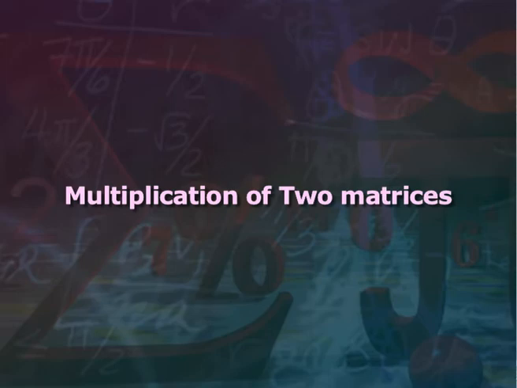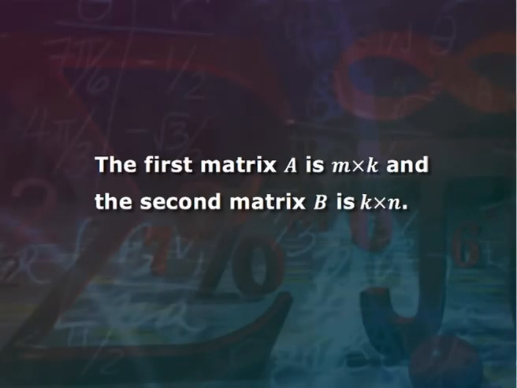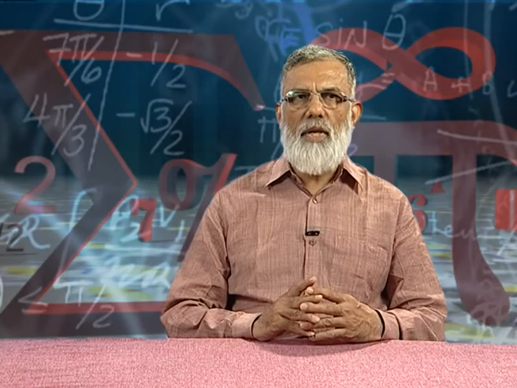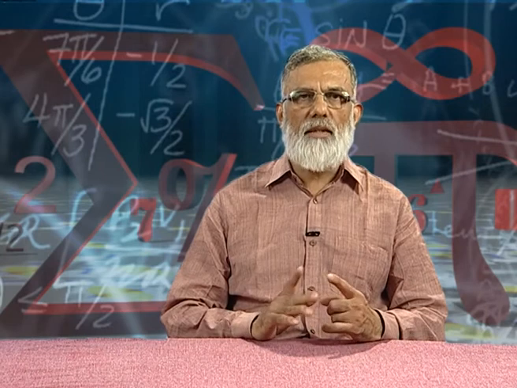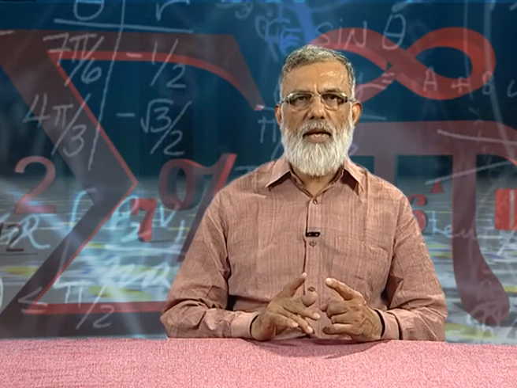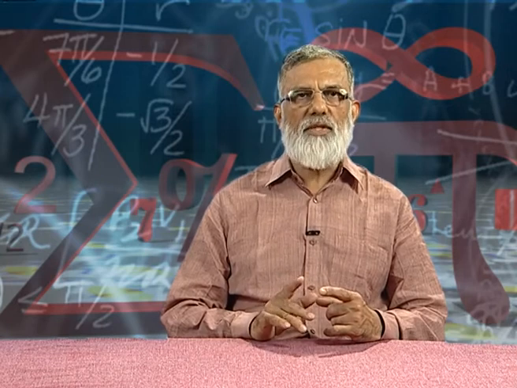Multiplication of two matrices. Suppose we are given two matrices A and B. The first matrix A is m by k and the second matrix B is k by n. Then the product AB is the m by n matrix whose general term cij is formed by multiplying the corresponding terms of the ith row of A and the jth column of B, both of which have k entries, and then summing up these multiplied terms.